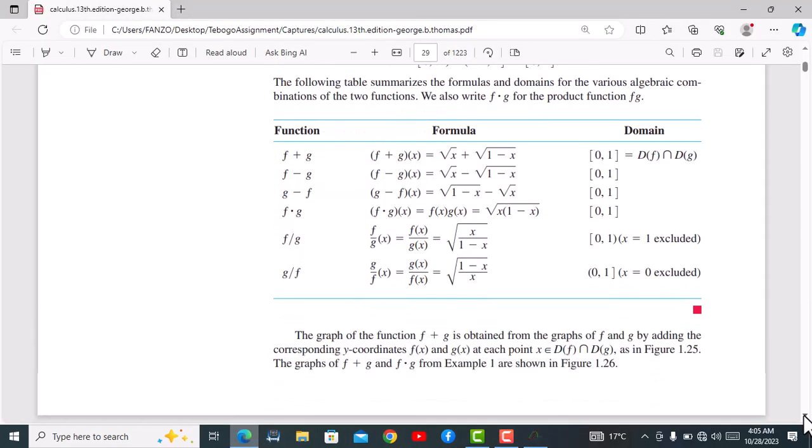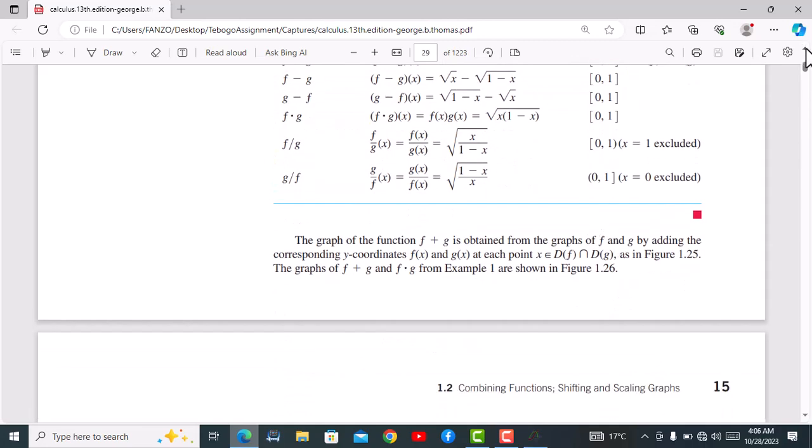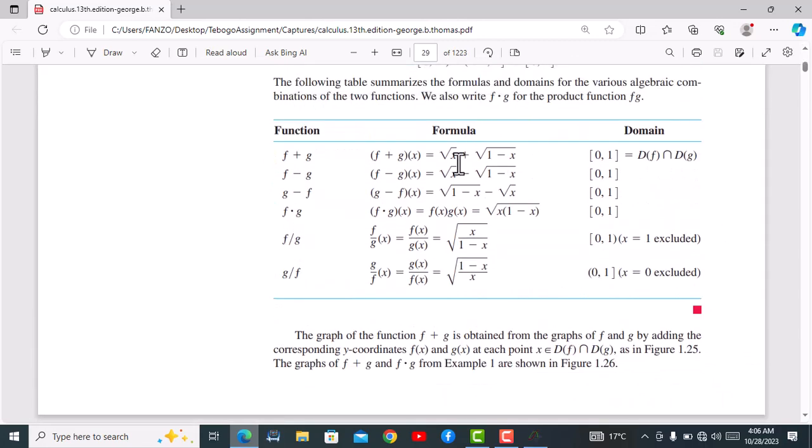So this side is the operation, this side is the addition of real numbers. So we have this domain of 0 to 1.